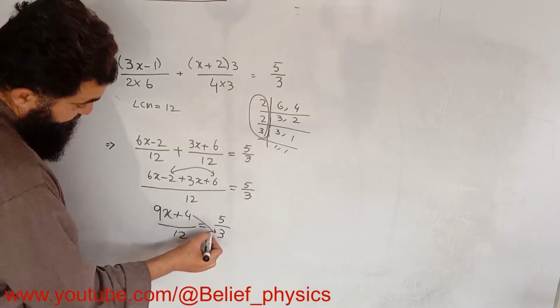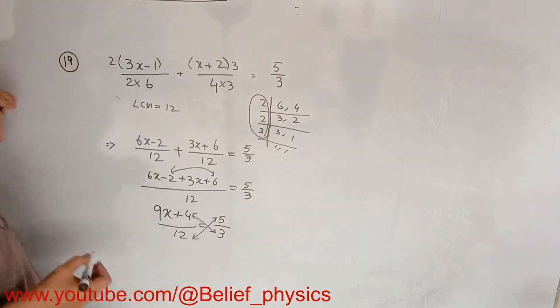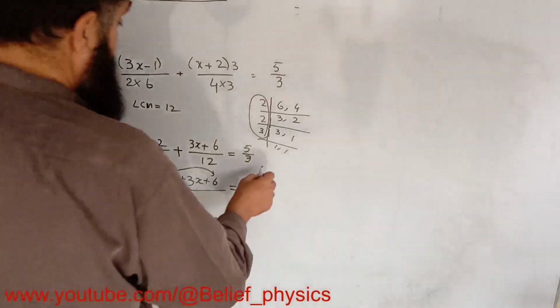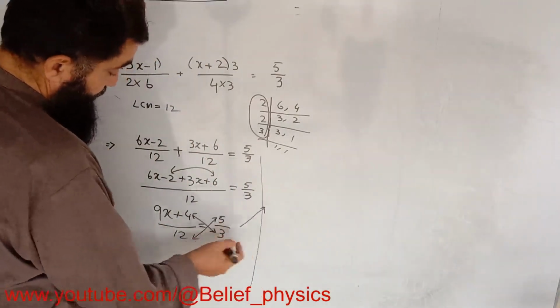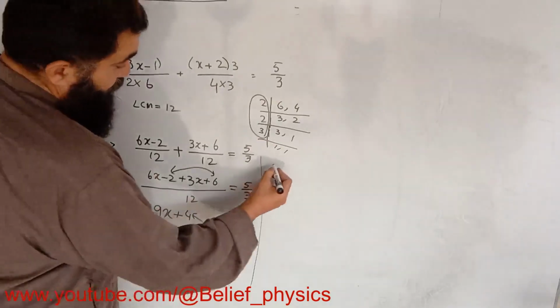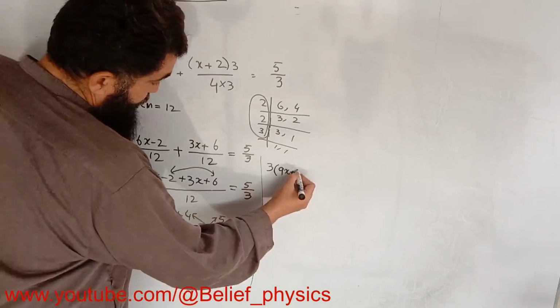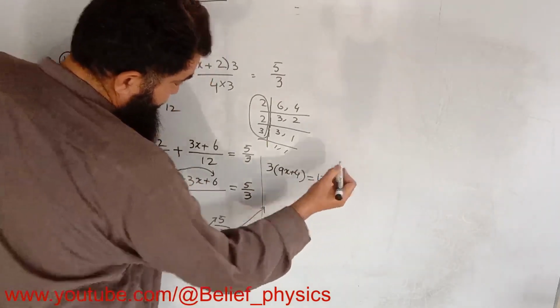Cross multiply: 3 into (9x plus 4) equal to 12 into 5. Got it?